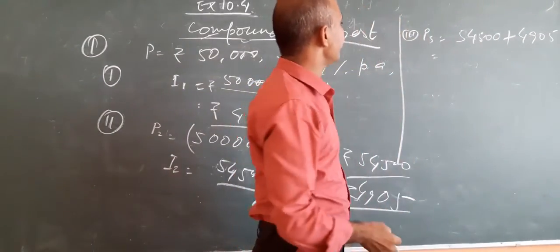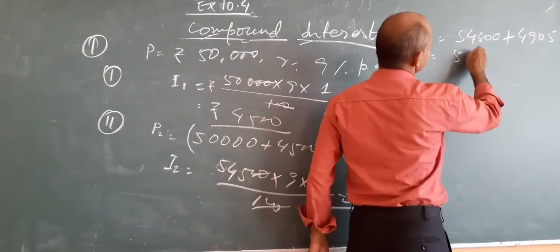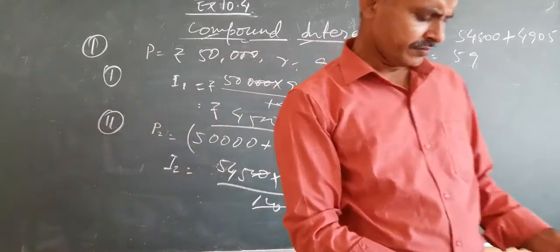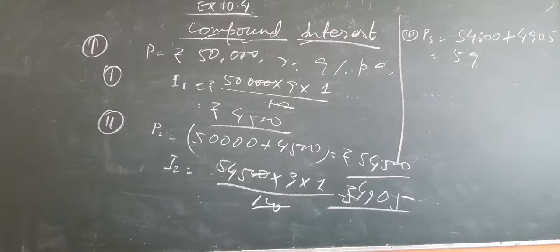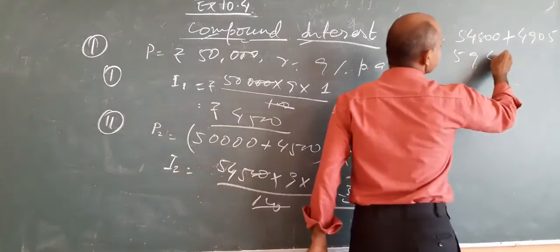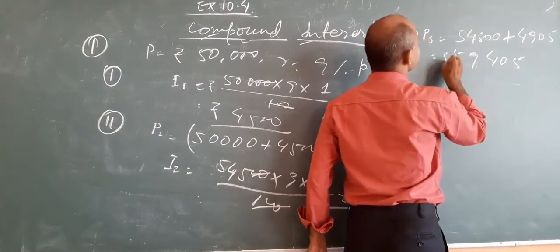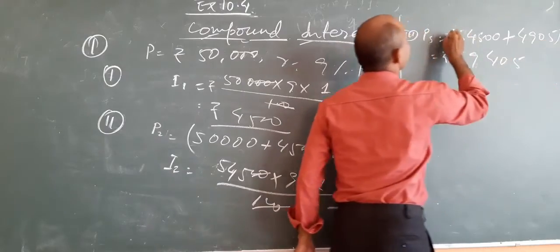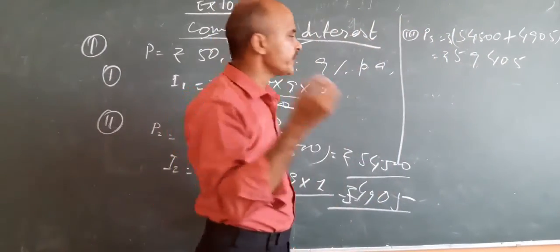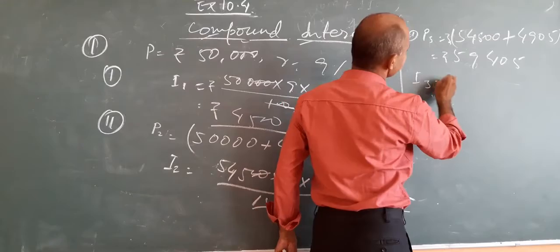We add this and get 59,405. This is the principal for the third year. Now we can calculate the interest for the third year.